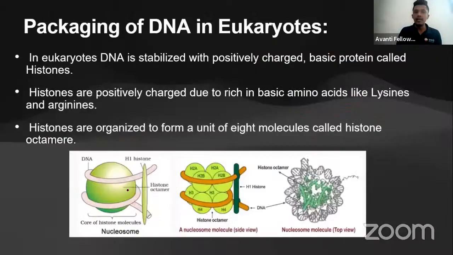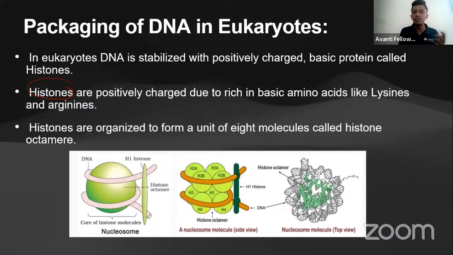Similarly, if you look at the packing of DNA in eukaryotes, it is quite complex. The eukaryotic packing happens with very well organized histone proteins. And histone proteins, what we see here, are positively charged proteins. These positively charged proteins are not just one single protein.